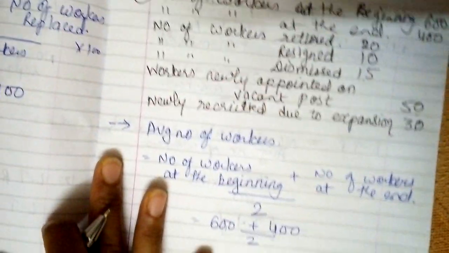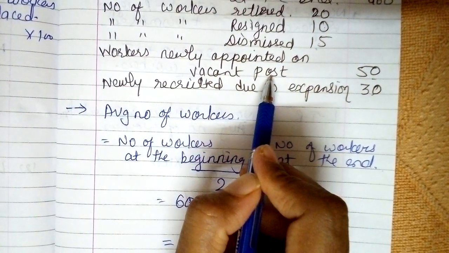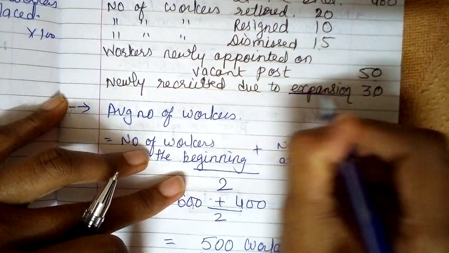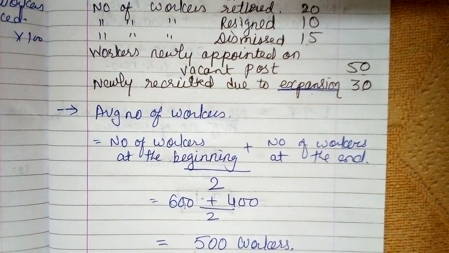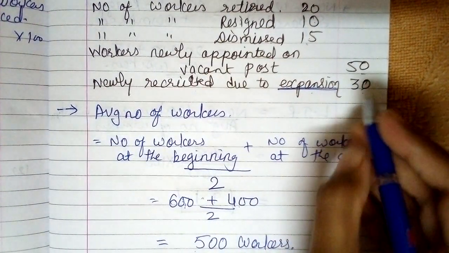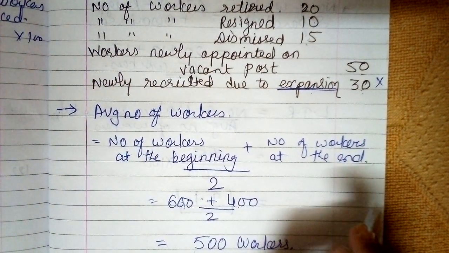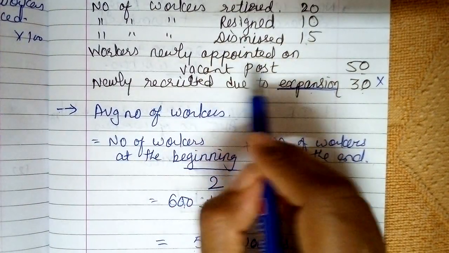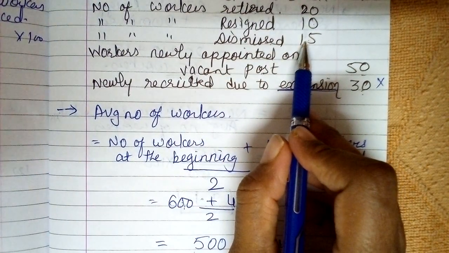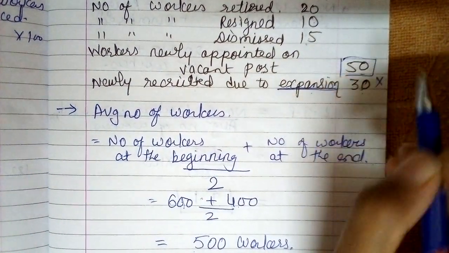See here in the example, two informations are given: workers newly appointed on vacant post and newly recruited due to expansion. So for expansion, if the workers are recruited, it means what? Here this is entirely a new job which is created. Fine. So we don't have to consider this 30 because this is entirely for a new job. So workers newly appointed for vacant post, when the post will be vacant, if the old workers have left the job, then and then only there would be a vacant post, right? So these are the number of workers replaced.